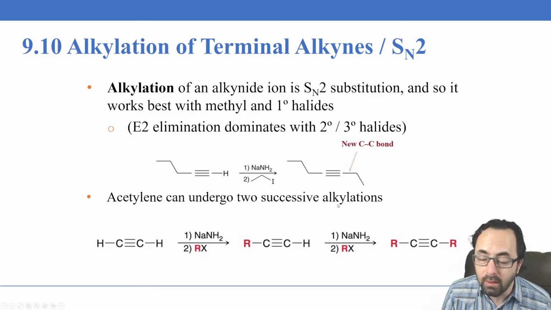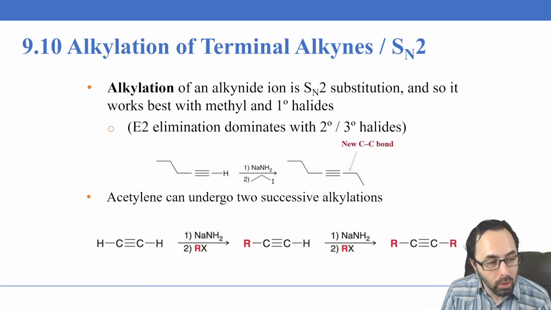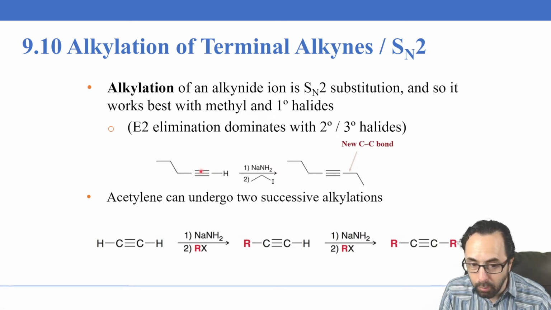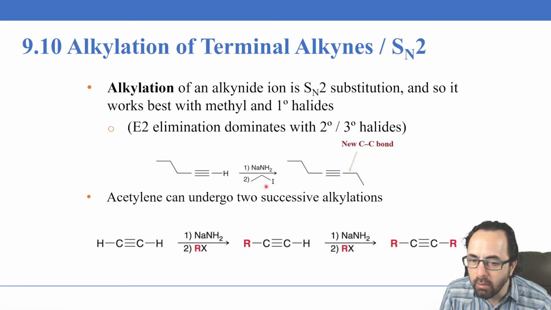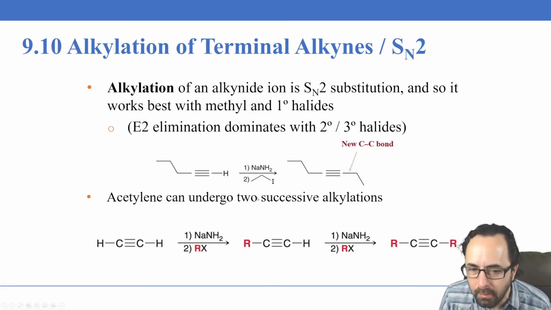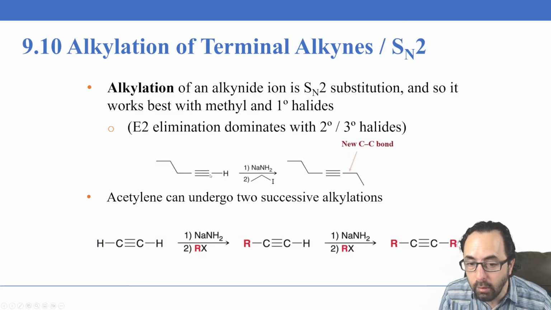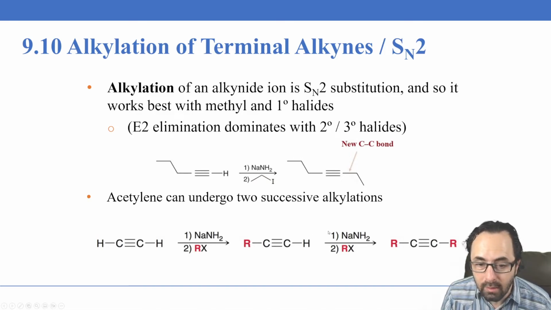That tells us we need a reaction that adds more carbon atoms. Our reagents need to be a strong base, and amide ion is a great choice to deprotonate the alkyne, and then some type of hopefully primary alkyl halide, so that we can use the alkynide ion that's produced to do an SN2 reaction and create a new CC bond.